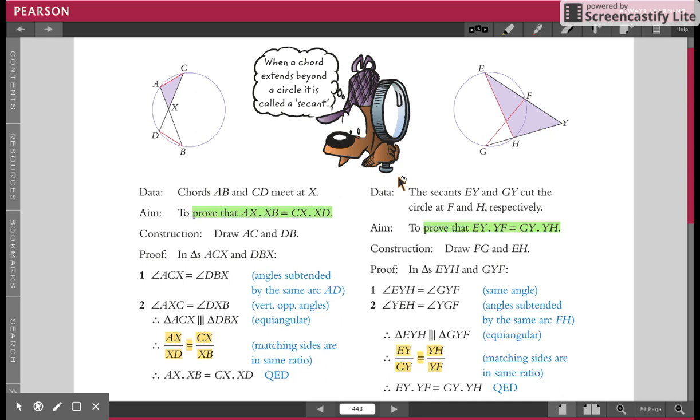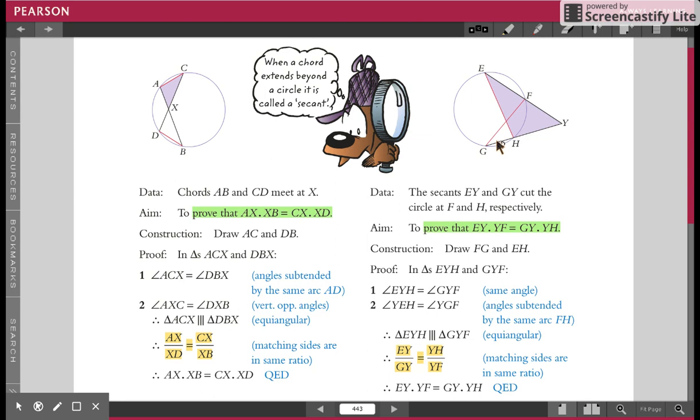So if you consider this, you need to notice that this angle here, Y, is the same for both triangles that we're going to prove are similar again. Secondly, the angles here, G and E, they are equal because they're subtended from the same arc FH. So we've got two more angles as a pair.